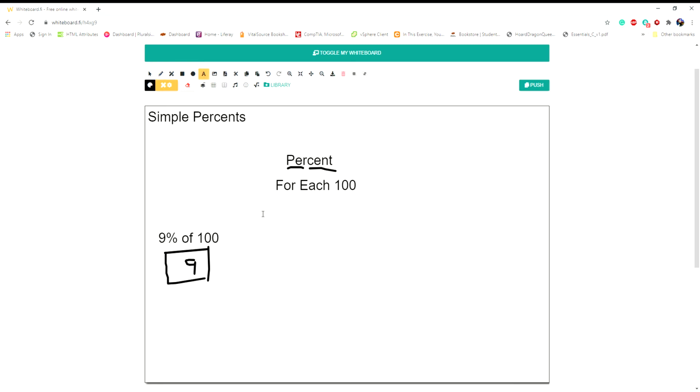Now let's say I have 9% of 300. What I'm going to have now is 3 boxes to represent 300s.